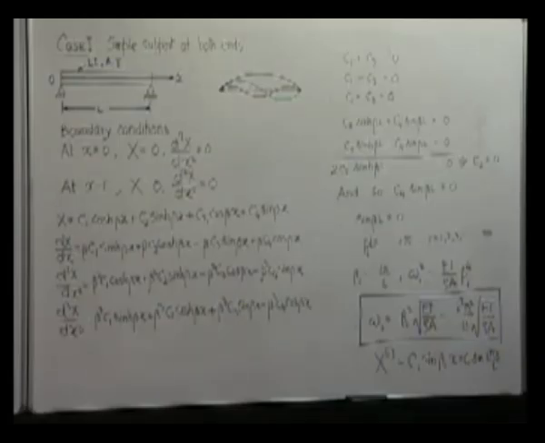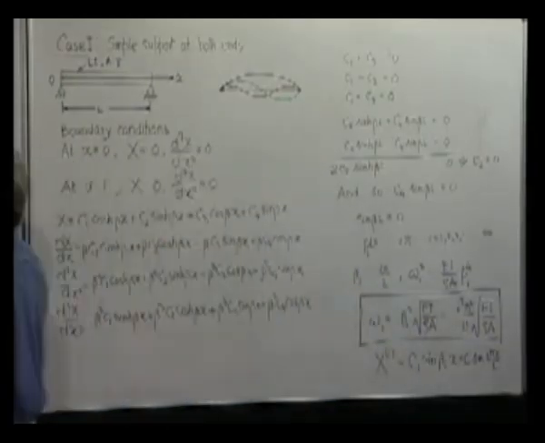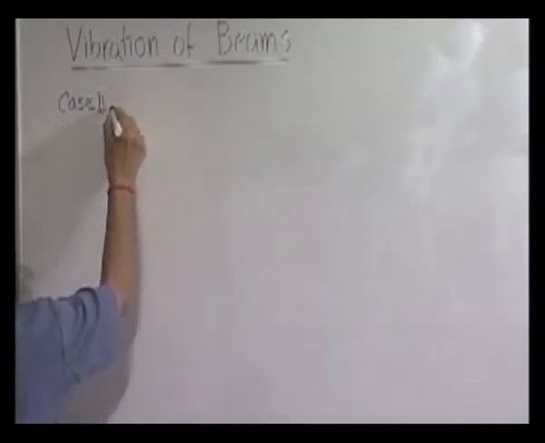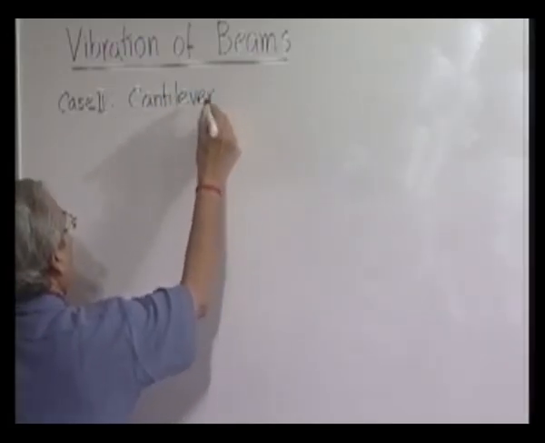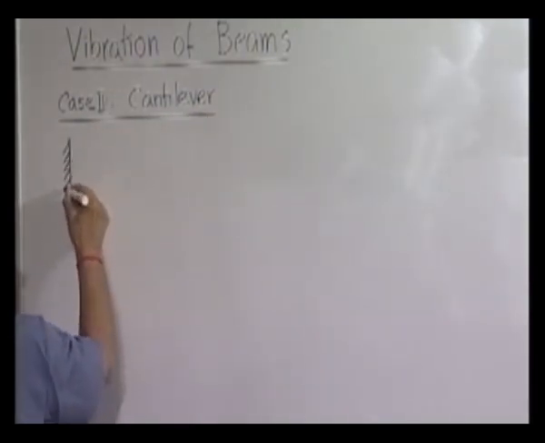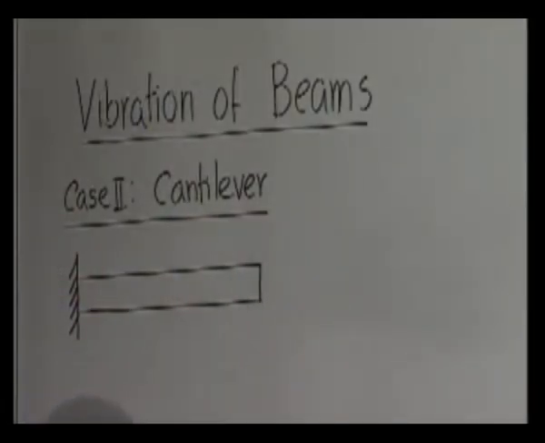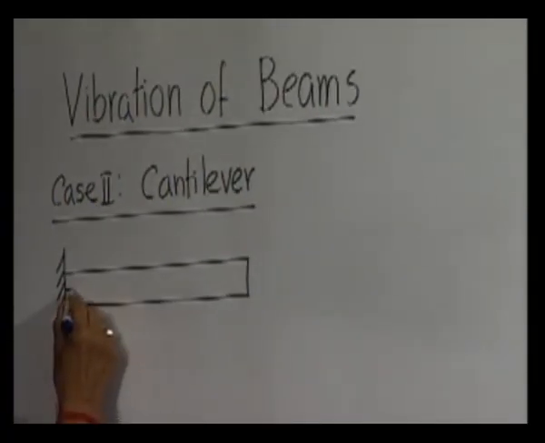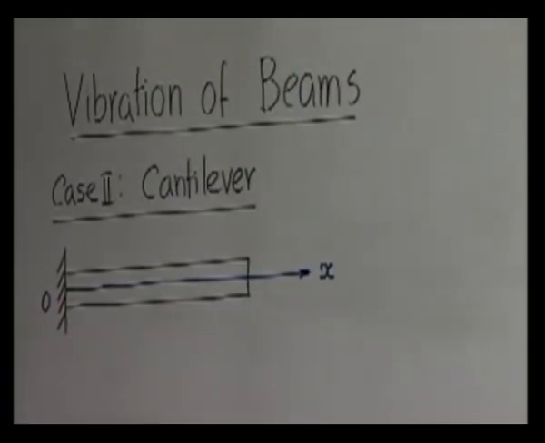So if you want to consider a few other cases, without going through this detailed solution, let us consider the second case, which is another very commonly found situation that we want to call cantilever.